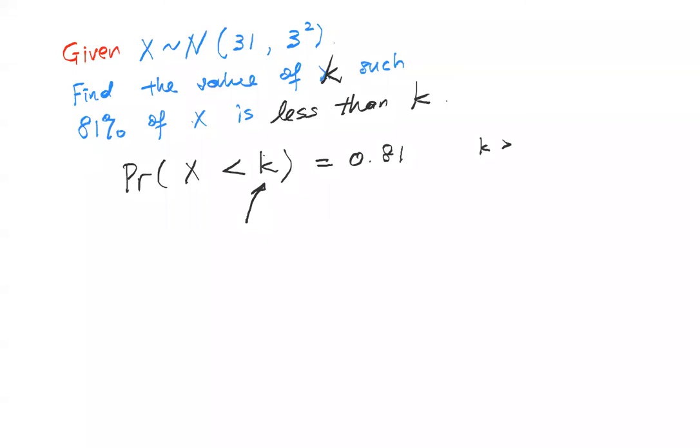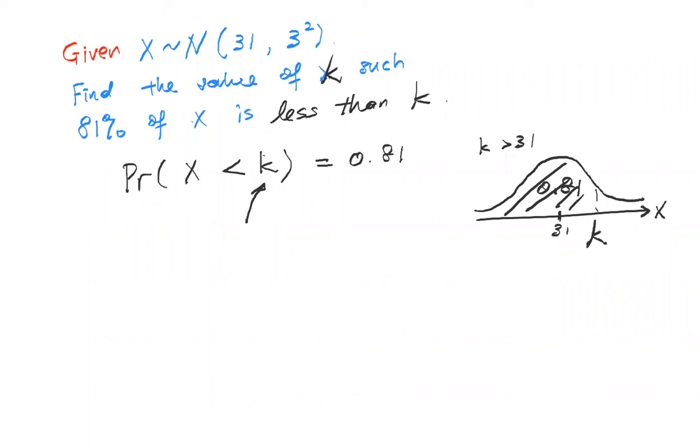More than 31. Why? Because the probability here is 0.81. So it should be more than 31. Now when I take out my calculator, to find the value of K, I definitely have to use inverse norm. So K will be equal to inverse norm.